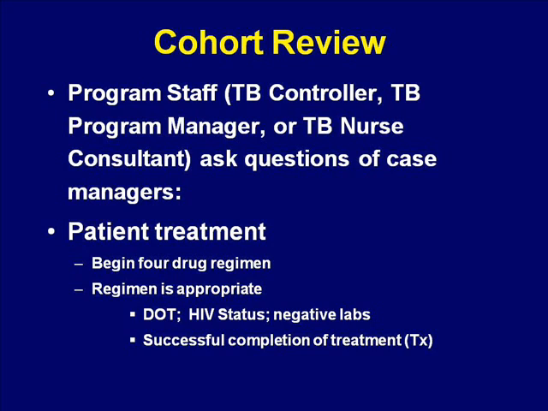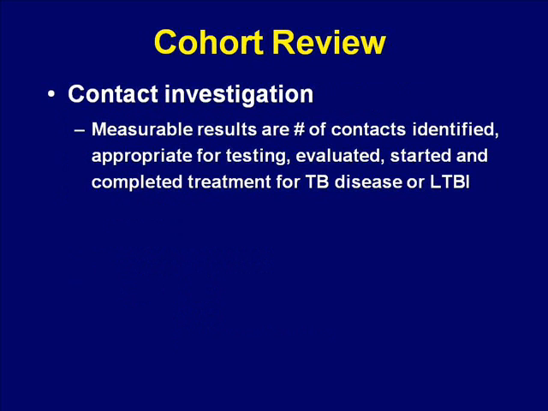And then, of course, successful completion of treatment. On the contact investigations, as mentioned earlier, we're looking at the number of contacts identified who are appropriate for testing, where the evaluation started, and completion of treatment, not only for LTBI, but for those who were identified with disease. Did we get those individuals within the system?